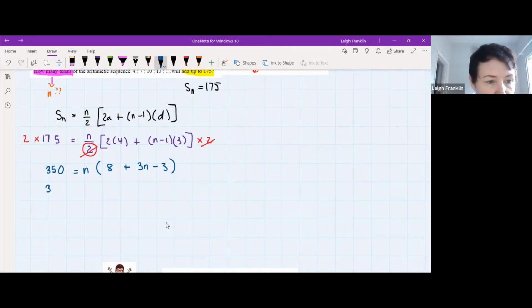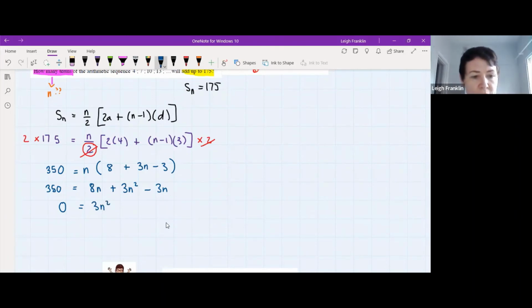So 350 equals 8n plus 3n squared minus 3n. Now if I bring that 350 over, bring the 3n squared to the front, 8n minus 3n is 5n. And when this 350 comes over to the other side, I need to remember to change its sign.